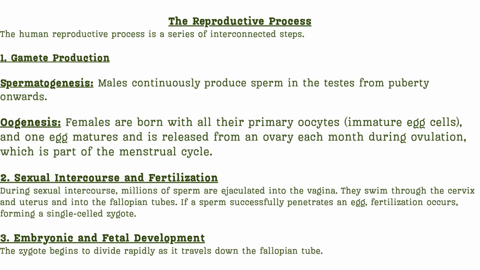For eggs and sperm, these two cells are the most important cells in reproduction. When the sperm and egg fuse, the further process called fertilization takes place. Once fertilization has been done, the development of a new baby starts.